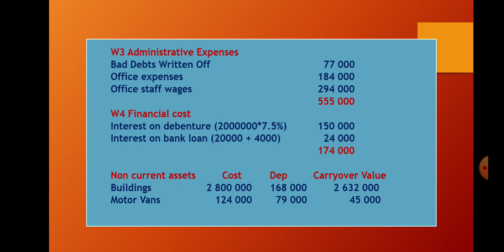So after deducting that depreciation, you will arrive at 2,632,000. Then similarly, we need to do for motor vans also. Cost less the total depreciation will give you the carry over value, which is 45,000. So these are the figures that you have to show in the statement of financial position.